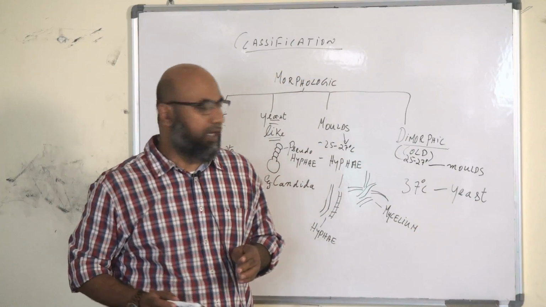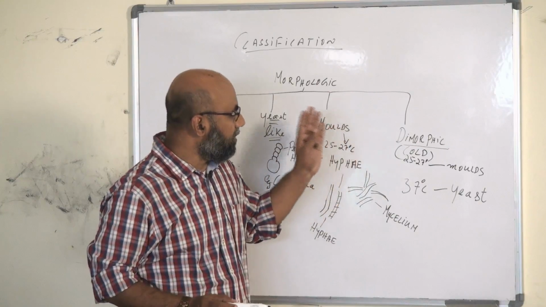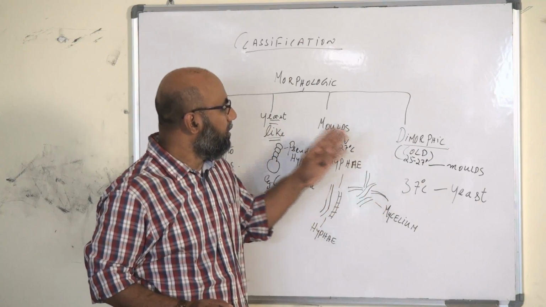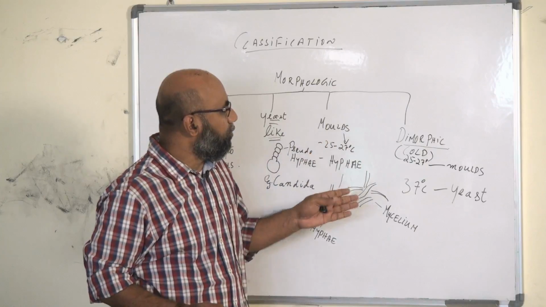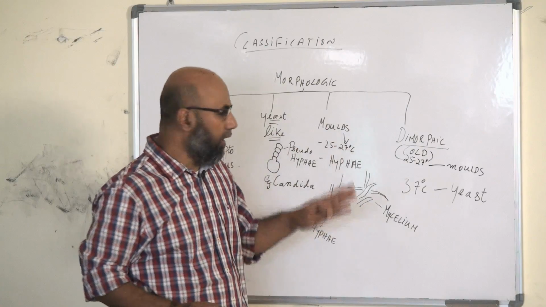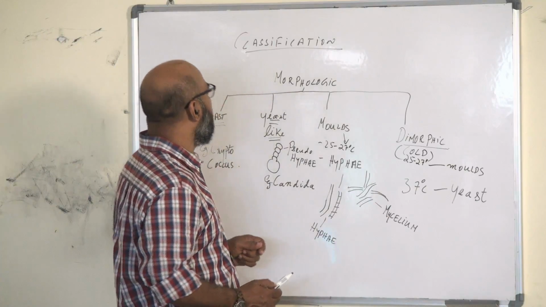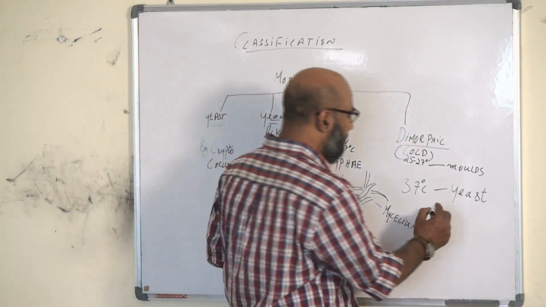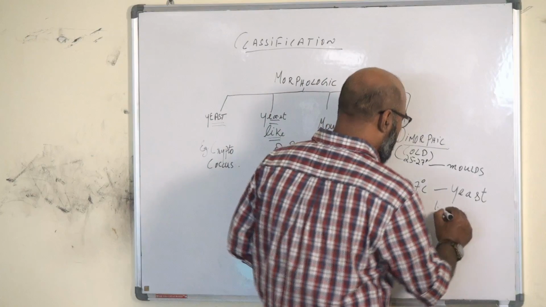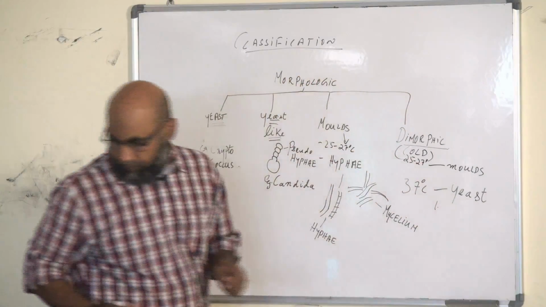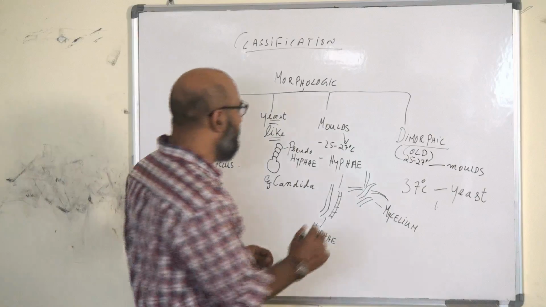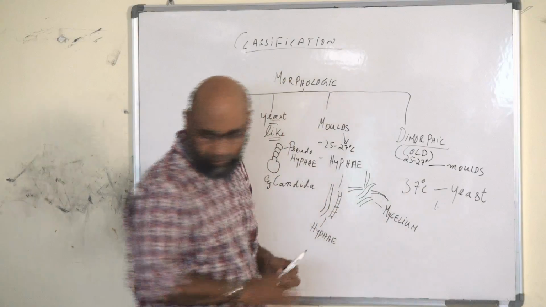That was the wrong one, because the actual thing is they occur at 25 to 27 degrees as molds and at higher temperature as yeast. Okay, so these are the four classifications, and examples of dimorphic fungi are, sorry, we did not mention the examples of molds.